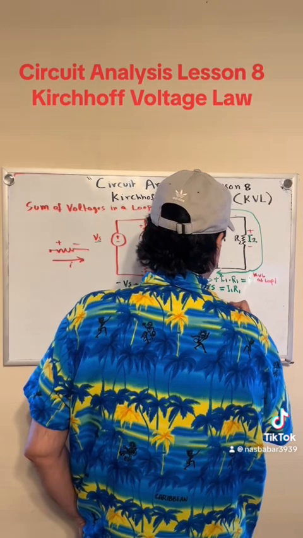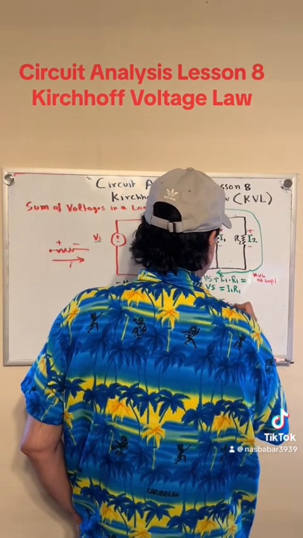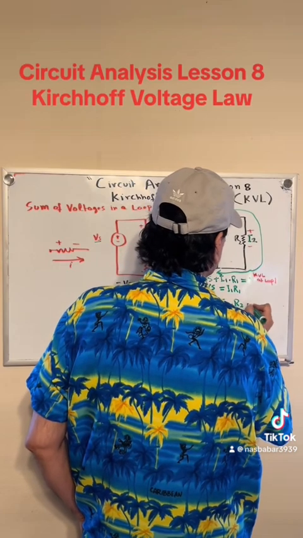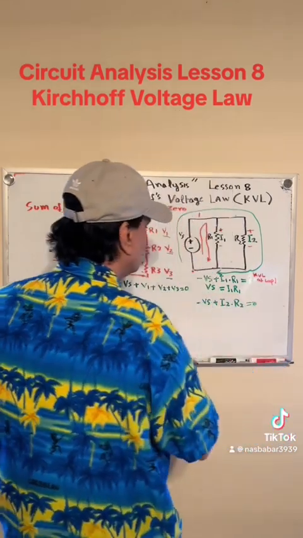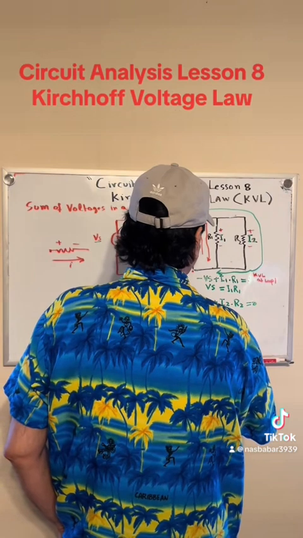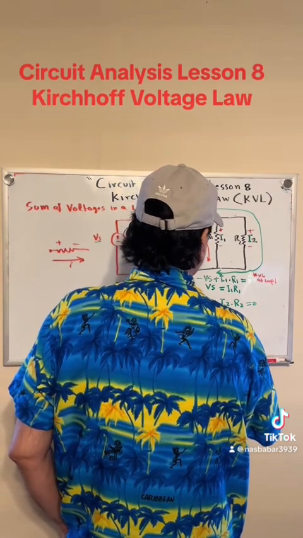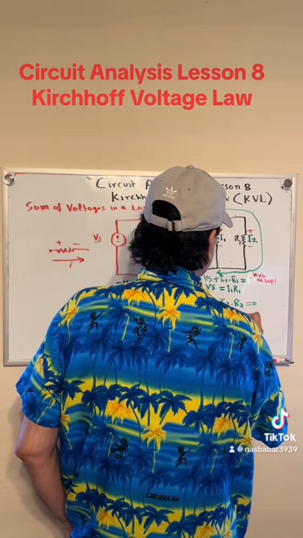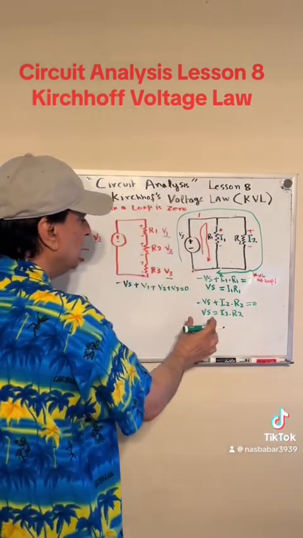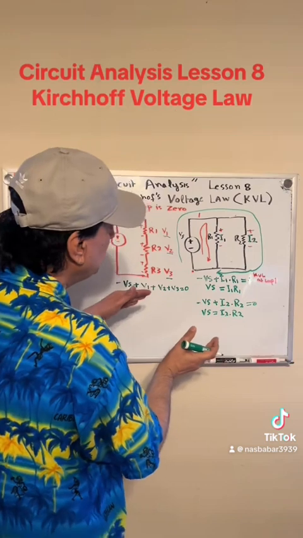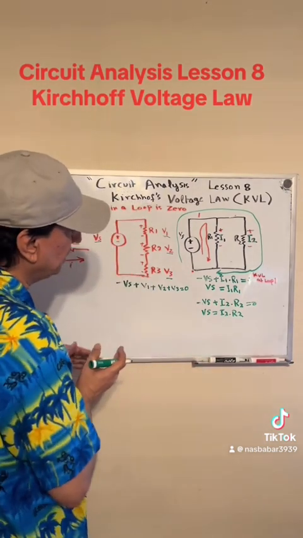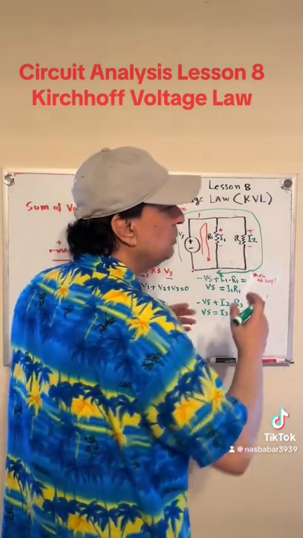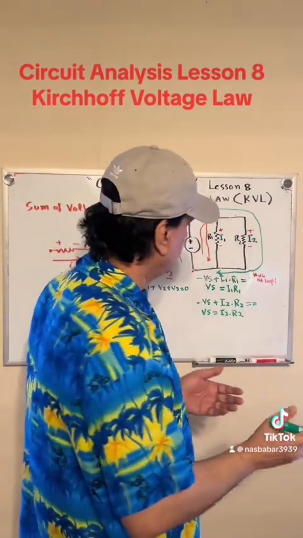So then we're going to have I2 times R2 is equal to 0, and I can simplify this, and V sub S is equal to I2 times R2. So that is basically Kirchhoff's law right there. If you have more than two loops, you can use that also.